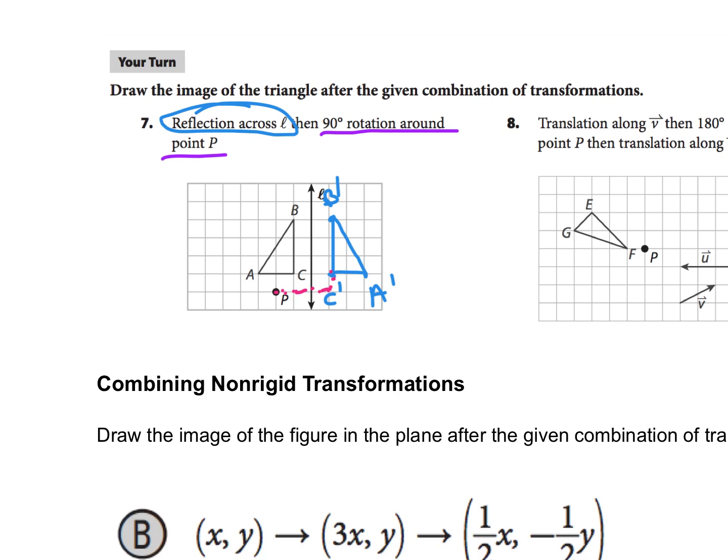I'm going to use a highlighter. How about a skinny highlighter? So 1, 2, whoop, that might be too skinny.